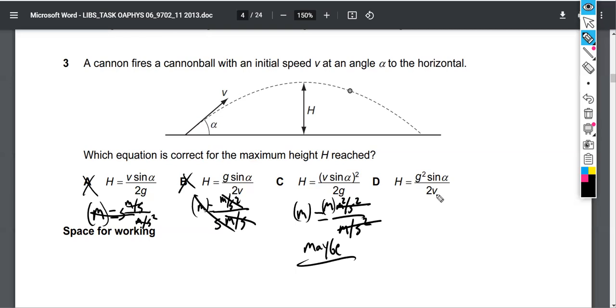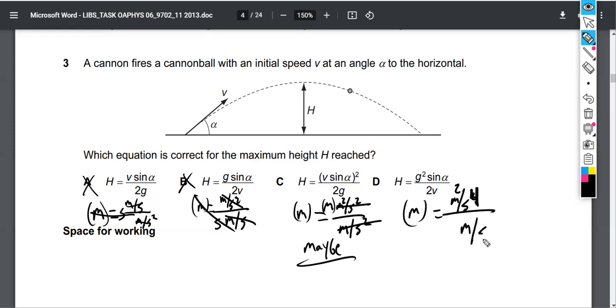If we can eliminate D, we're done. We didn't even need to do any projectile motion. We just use the idea of base units. Let's see if it gets us there. So meters on this side; here we got g squared, so that's meters per second squared, that's just g. But if we square those units, then we get meters squared per seconds to the fourth. This doesn't look good.